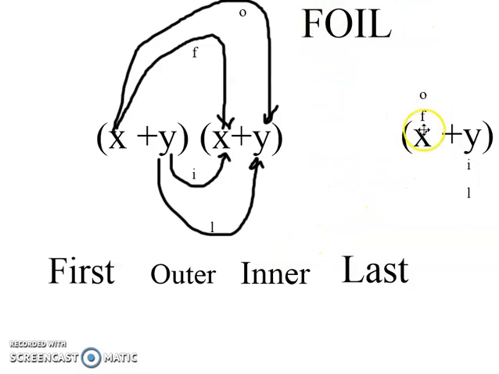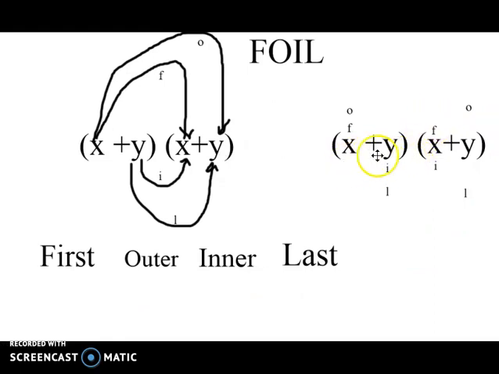Let's call this term the first term, that term the first term. Then this guy and that guy are the outer terms. Then this guy and that guy are the inner terms. And this guy and that guy are the last terms.